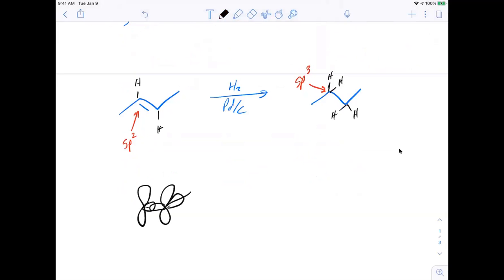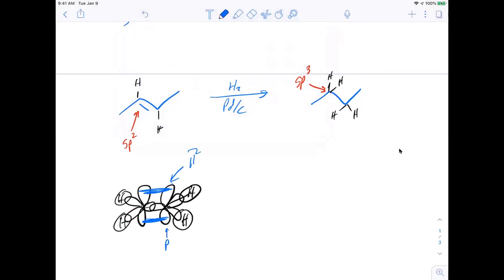So our sigma bonds are all the direct overlaps, and our p orbitals are making the pi bond.